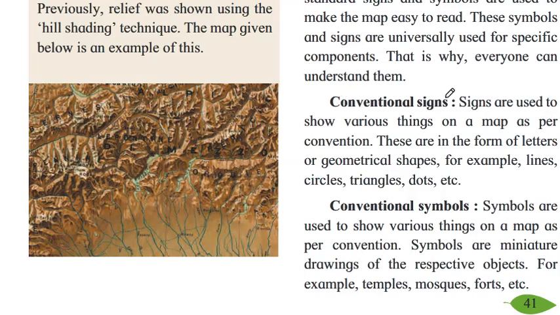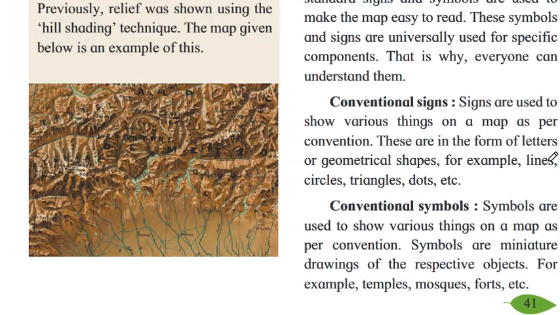Conventional signs are used to show various things on a map as per convention. These are in the form of letters or geometrical shapes.